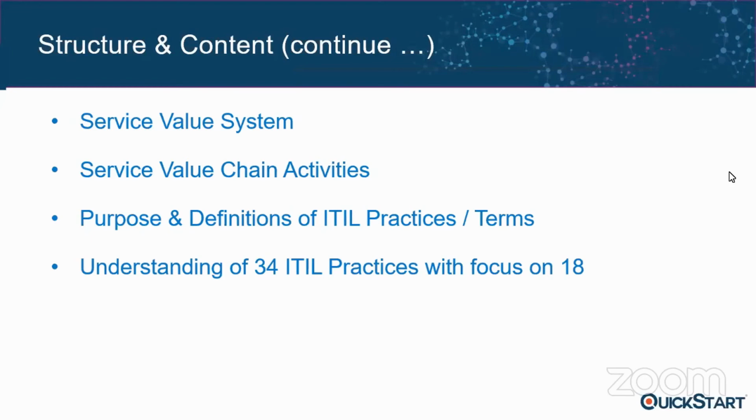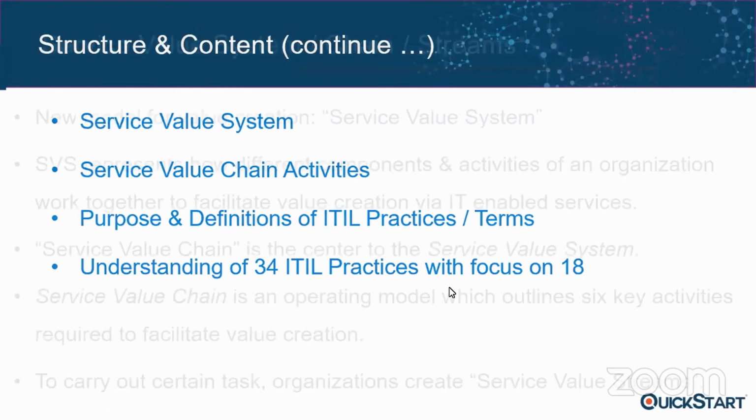For example, service portfolio management is now called portfolio management. The change management is now called change control. So there have been some changes, and some more practices have also been added to the earlier ones. So basically, these are the processes which we were discussing earlier.